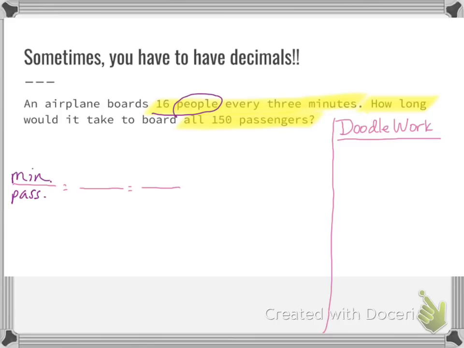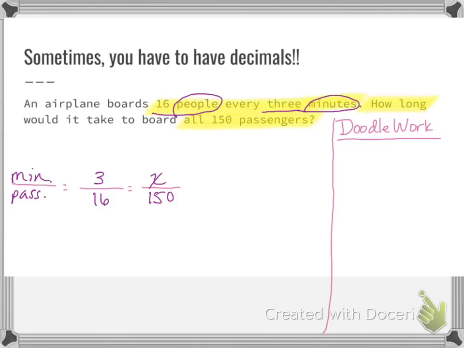So those are the passengers. So I'm putting that in the bottom of my proportions. Remember, you have to keep everything organized. Every 3 minutes. So the 3 minutes goes with the minutes. How long to board all 150 passengers? So here's our 150. So we're figuring out the time. That's why it says how long.